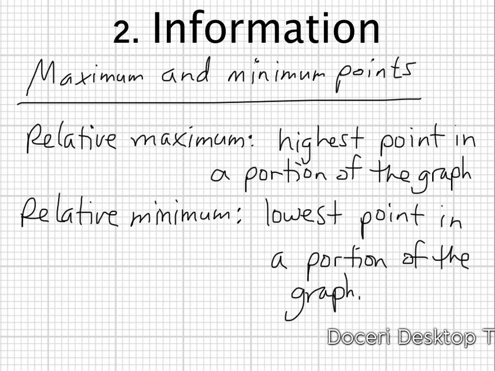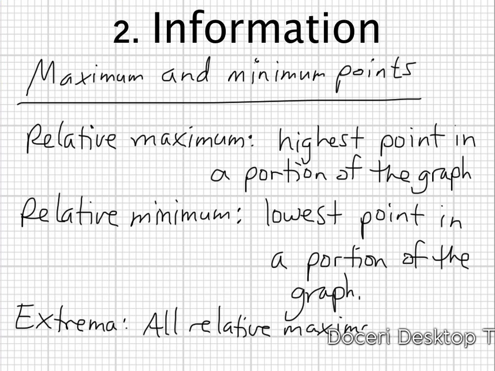Okay? Now the two of these together, if you take all the relative maximum and minimums, we call these extrema, because they are on the extreme ends of the graph, or of the y values of the graph. These are all your relative maximum and minimum. Now, another way to think of this, guys, is we call these the turning points.